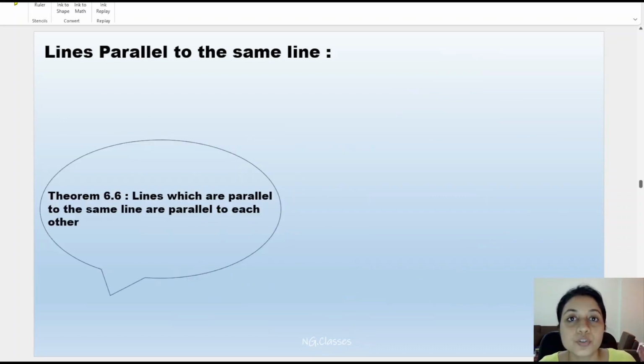Now let's see one theorem related to parallel lines, which says lines which are parallel to the same line are parallel to each other. Let's understand it in detail.